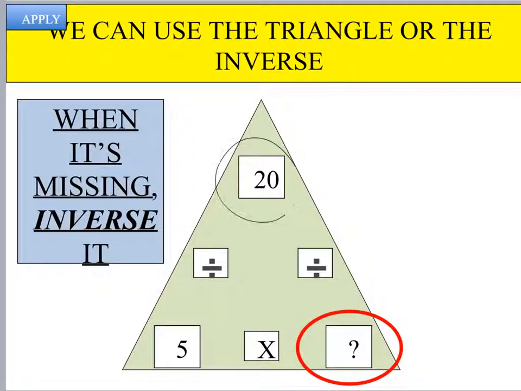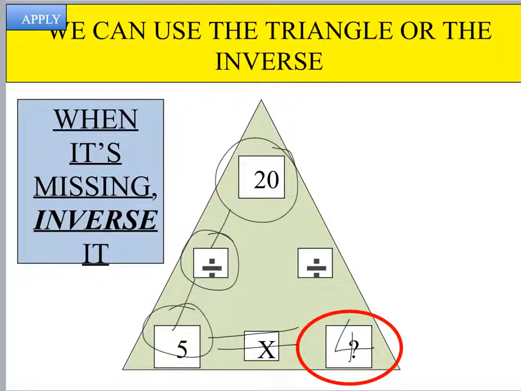I would start with 20 divided by 5, and what does that equal? I know my times tables, 20 divided by 5, the answer is 4. So for me, when I'm trying to work out missing numbers like this, I use this rule. When it's missing, inverse it.